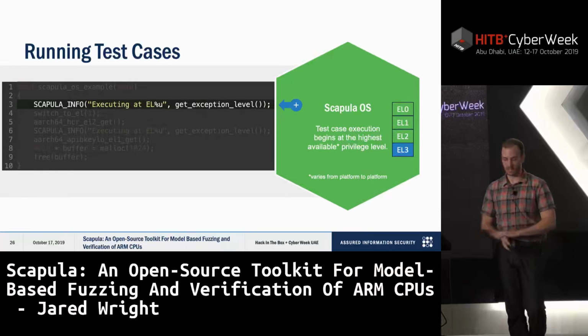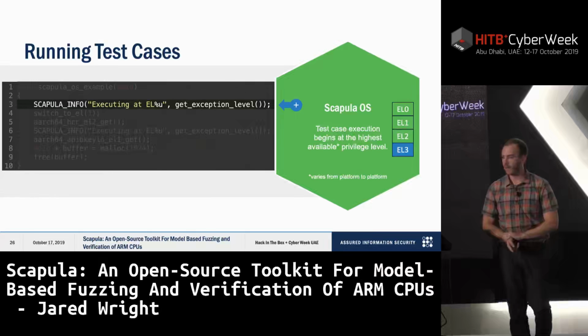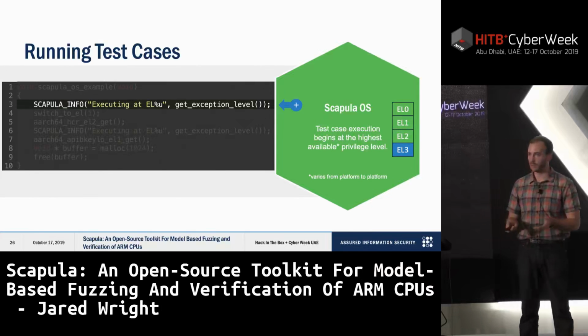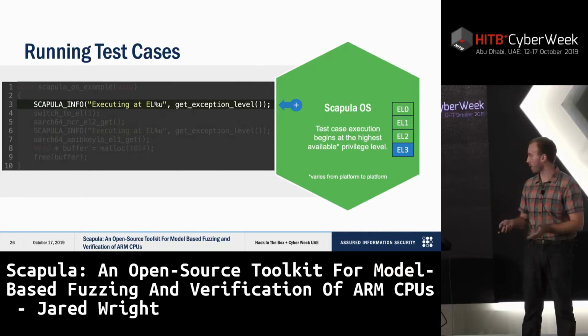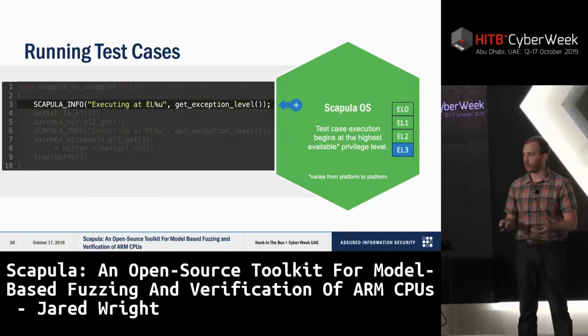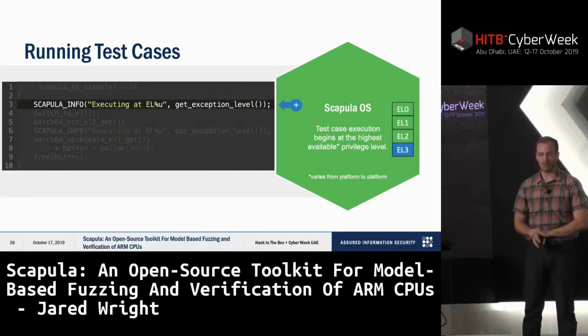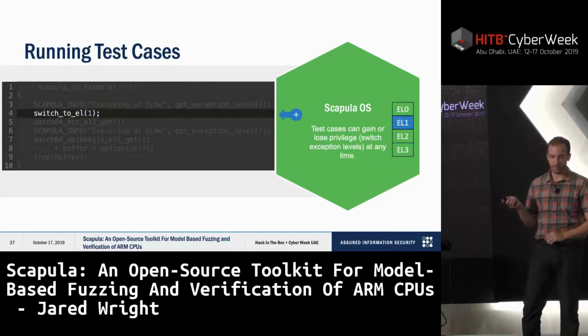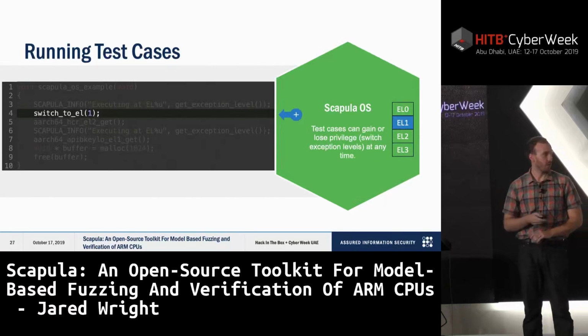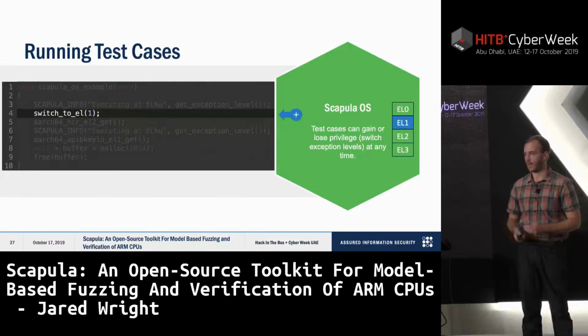The first thing you can do with Scapula OS is that when it loads, it'll load you into the highest privilege level that is available to the software when it is loaded, and will take control of all of the levels where you're at and below. So you can do things like read which exception level you are at right now. The next thing you can do is switch to any other exception level at any other time.